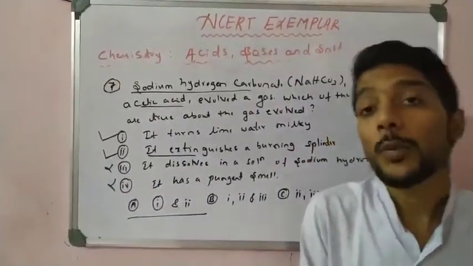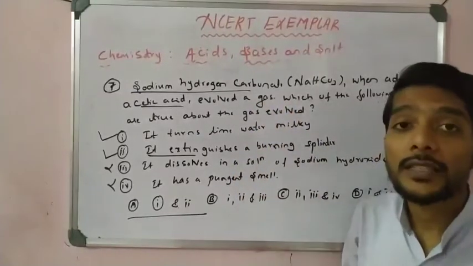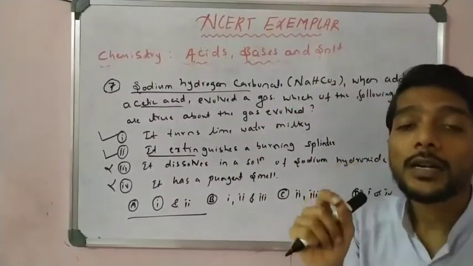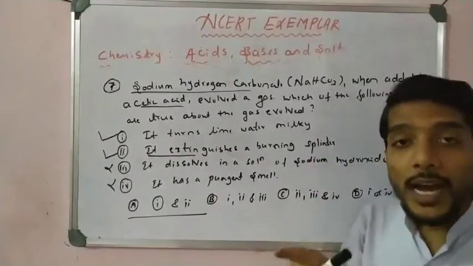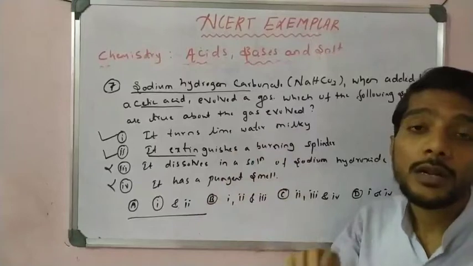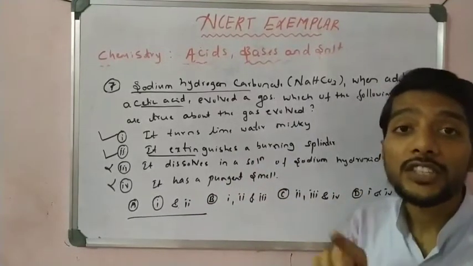Remember that when sodium hydrogen carbonate reacts with an acid, it forms salt plus carbon dioxide gas plus water, and that carbon dioxide passed through lime water turns it milky because of the formation of calcium carbonate.